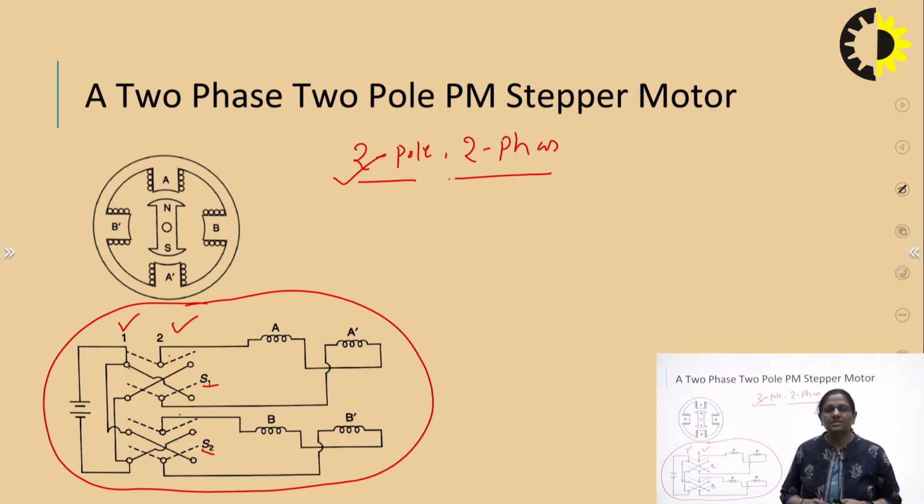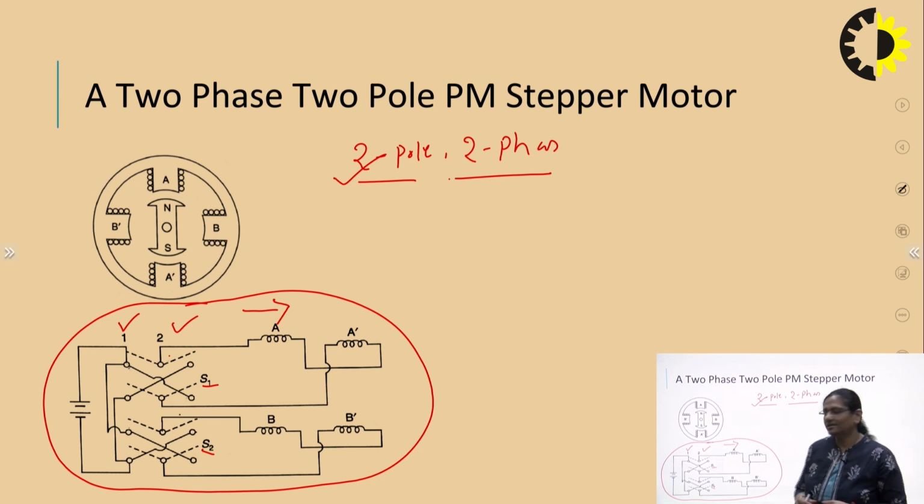If a switch is held in a particular position, for example 1, it will give you one direction of current in the respective phase winding, and if the same switch is put in position 2, the direction of current will get reversed.